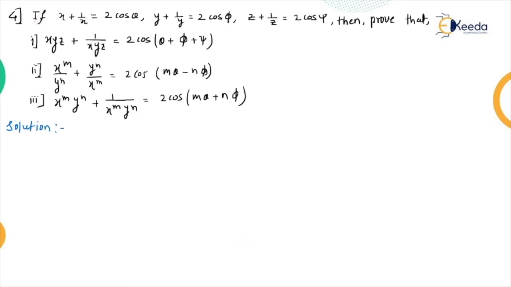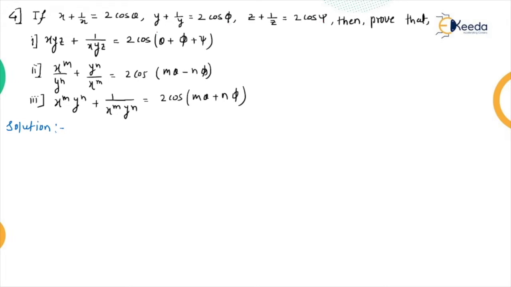So here, if x plus 1 by x is equal to 2 cos theta, y plus 1 by y is equal to 2 cos phi, z plus 1 by z is equal to 2 cos psi. That notation is theta, the second one is phi, and the third one is psi.